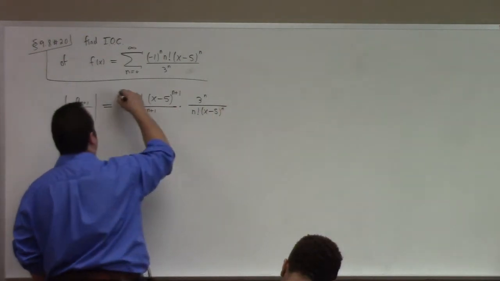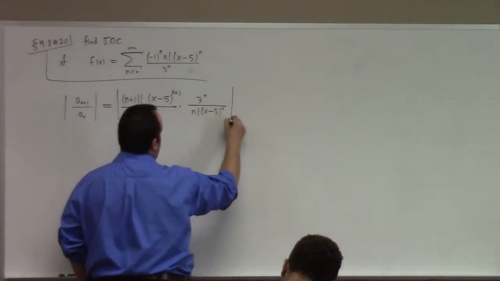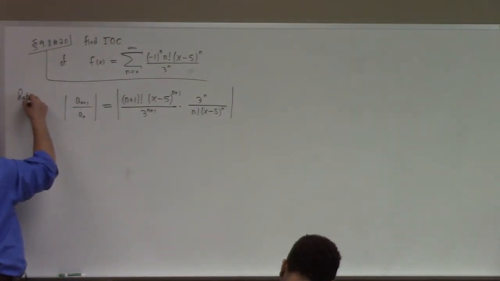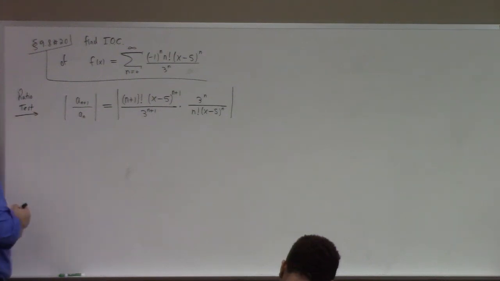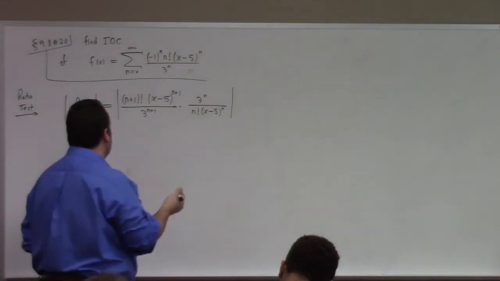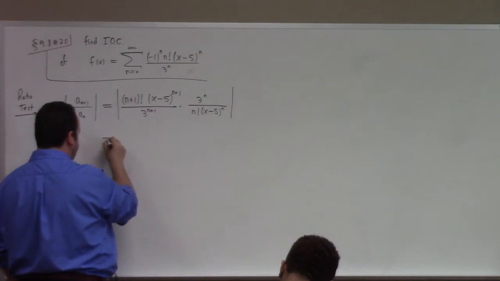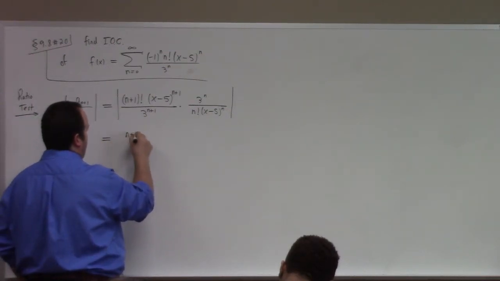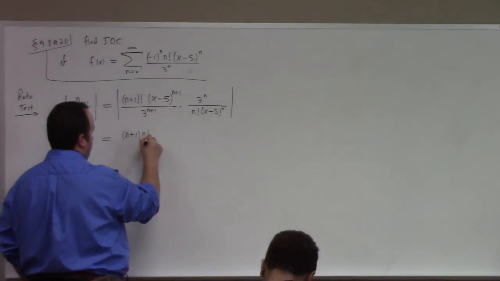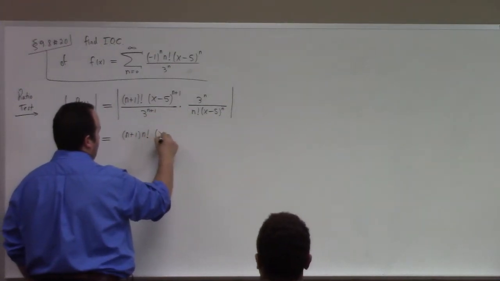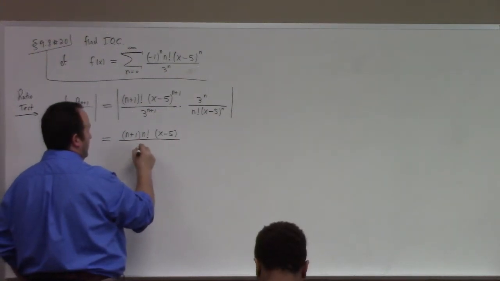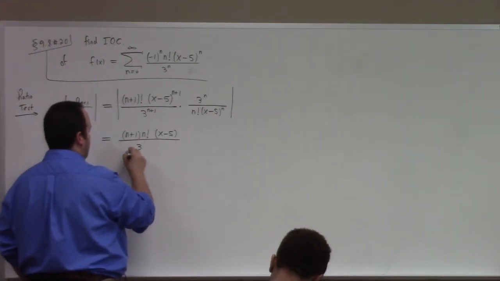Let me put my absolute value signs back in there. So I'm thinking about the ratio test, calculating the ratio carefully. What happens here is you get n plus 1 times n factorial times x minus 5 divided by 3.